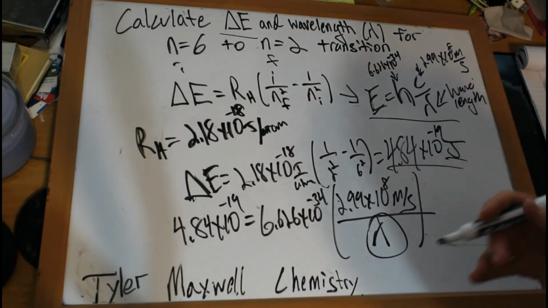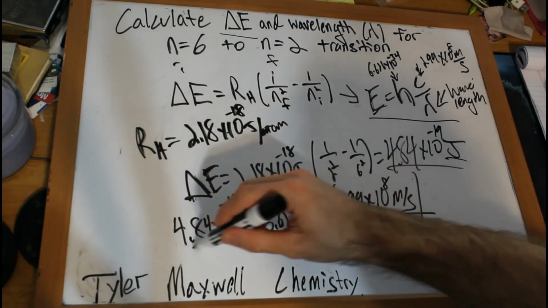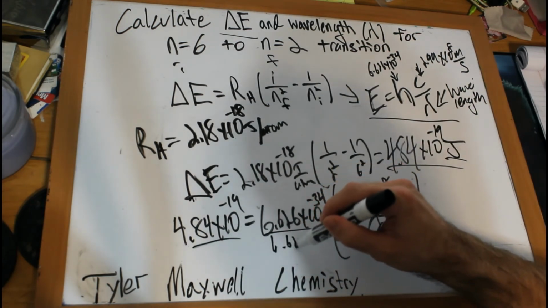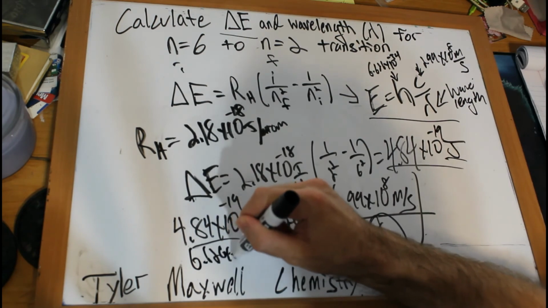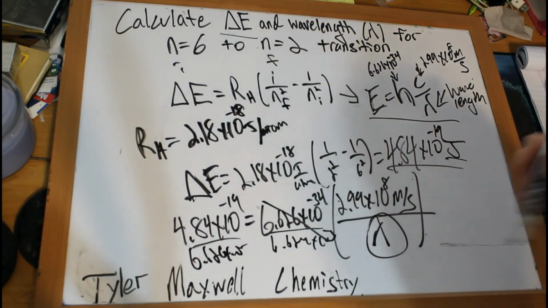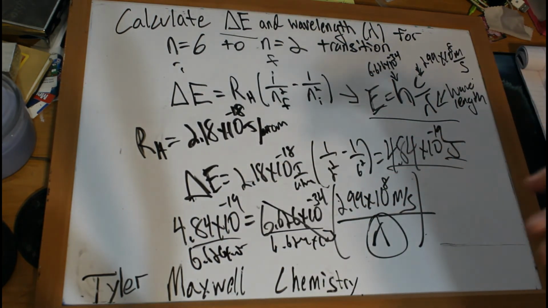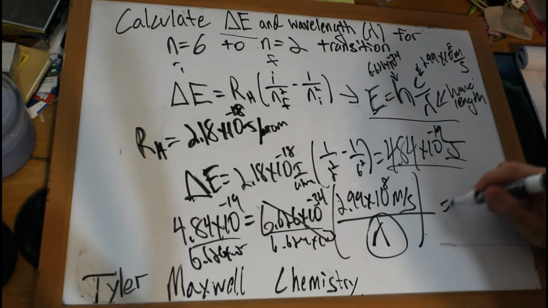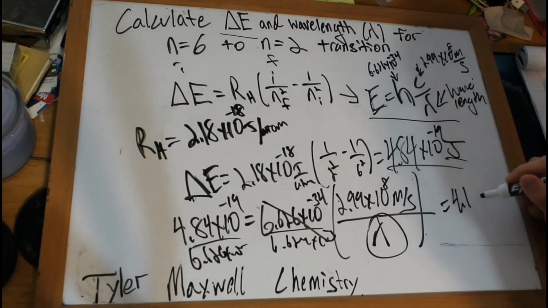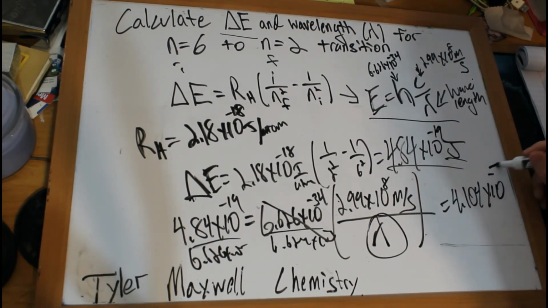So basically we're going to do our algebra, divide both sides by Planck's constant. So those will cancel, and then we'll cross multiply, or however you want to do it, and then you get the wavelength of 4.104 times 10 to the negative 7.